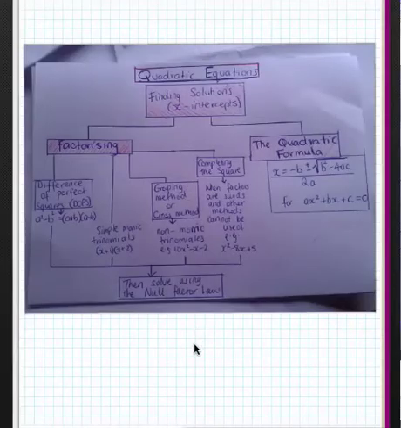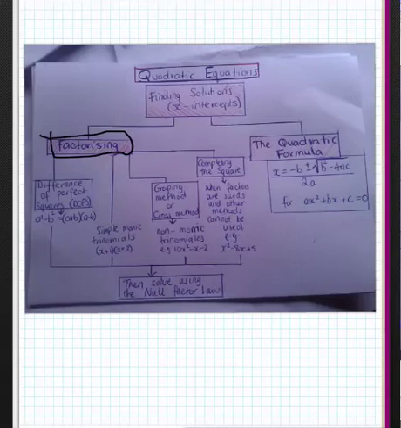So I've just drawn up a little chart that summarizes what we have covered so far. So with quadratic equations, when finding solutions, which means to find x-intercepts, we have been learning how to factorize. Okay, so factorizing, if possible, enables us to eventually be able to solve what we have factorized.